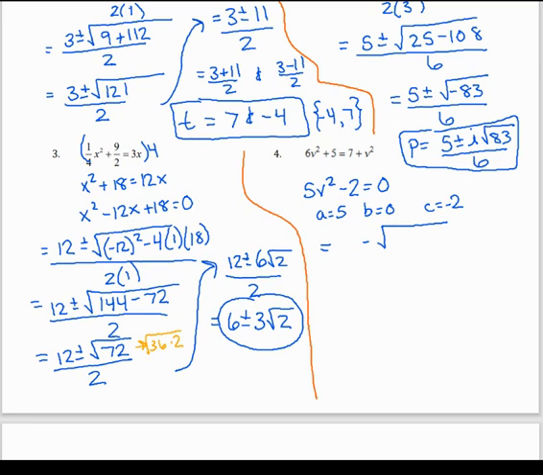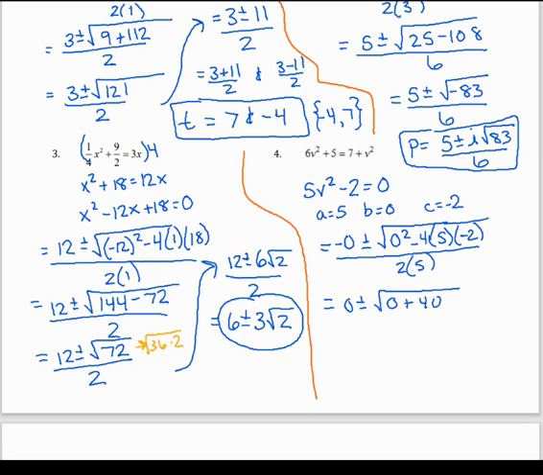It equals negative b plus or minus the square root of b squared minus 4ac all over 2a. So when we simplify that, of course, we have 0 out front, and this will give us 0 plus or minus the square root of 40 all over 10. We'll keep on simplifying.